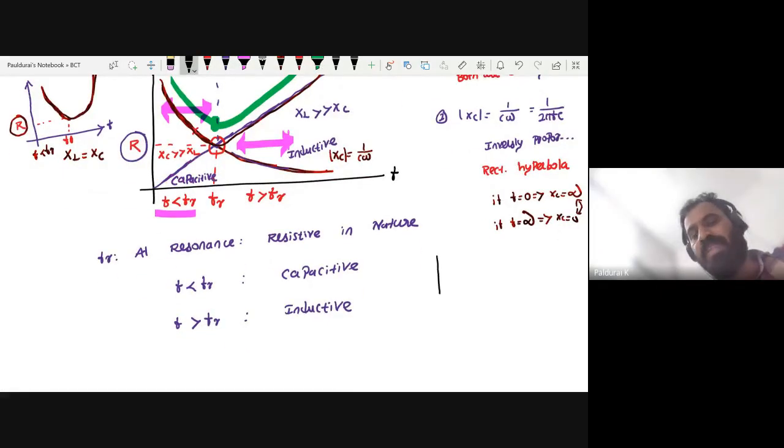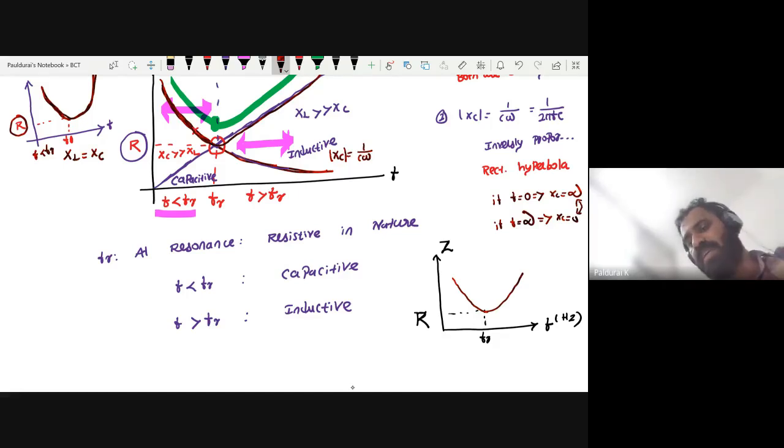I repeat the diagram. Frequency in terms of hertz, and here impedance Z. At the resonant frequency, we get the minimum impedance that is nothing but R. In this range, XC is very, very greater than XL.